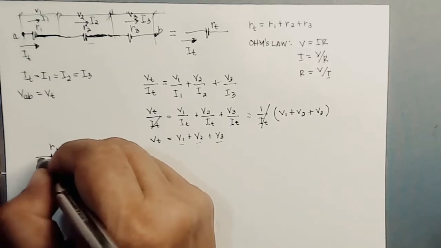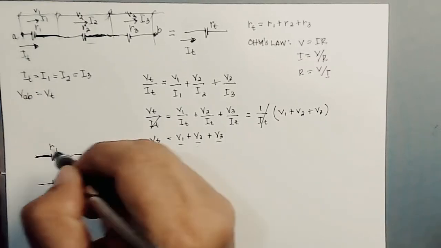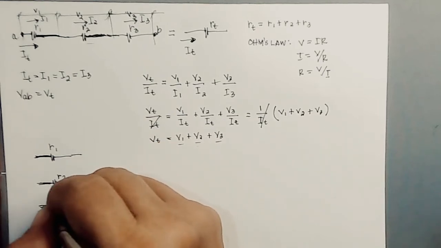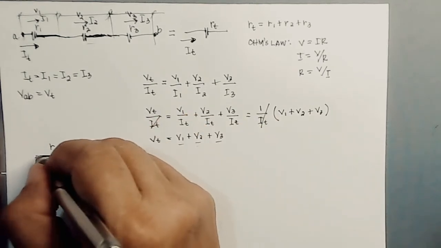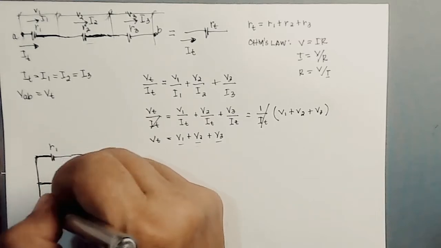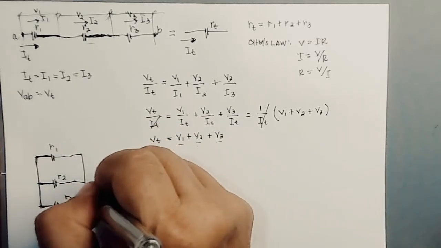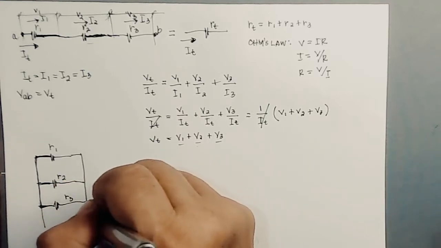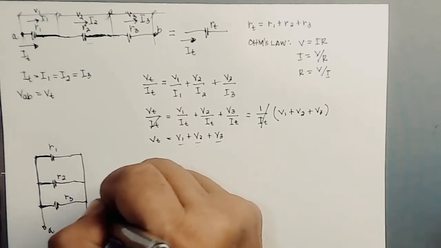For instance, this is my left node of R sub 1 and this is the left node of R sub 2, the left node of R sub 3. So it will be connected the same. And the right node will be connected also. And let us name this as points A and B.